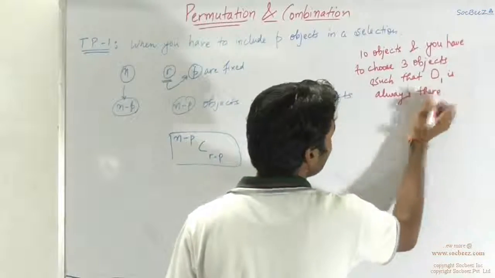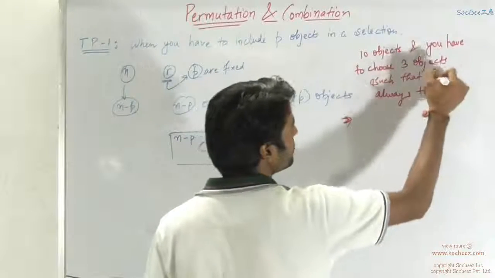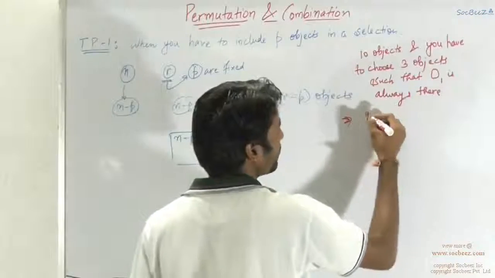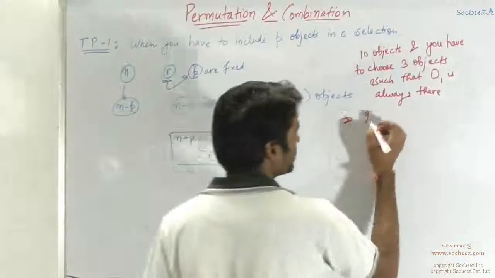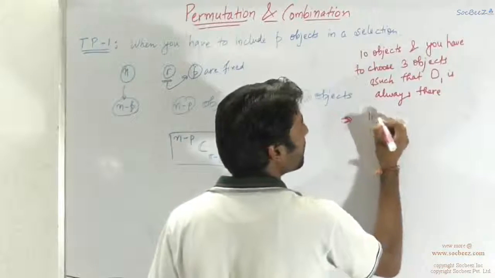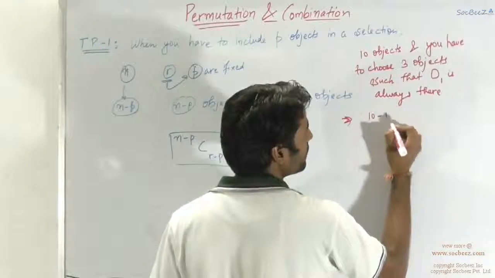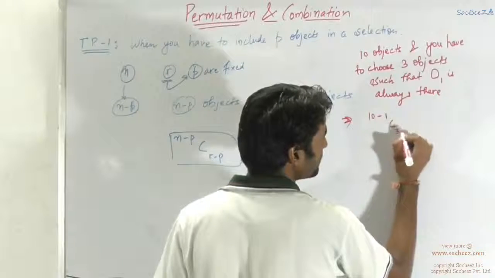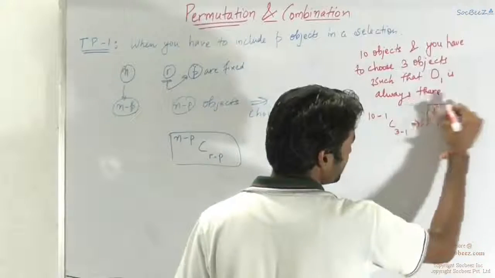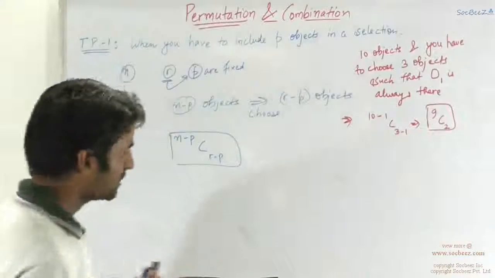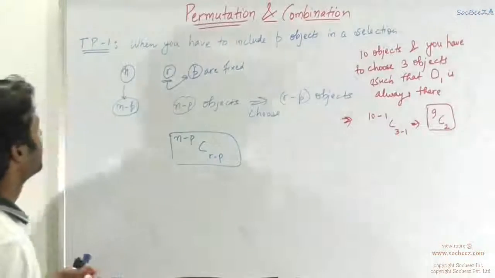So this is basically the same as if you have removed this element from the object set. That is, you now have 9 objects and you are choosing 2 objects because O1 is always present. So this would be 10 minus p, that is 1, C r minus p, that is 3 minus 1. This is similar to 9 objects being there and you are choosing 2 objects. Okay. So this is typical problem 1.